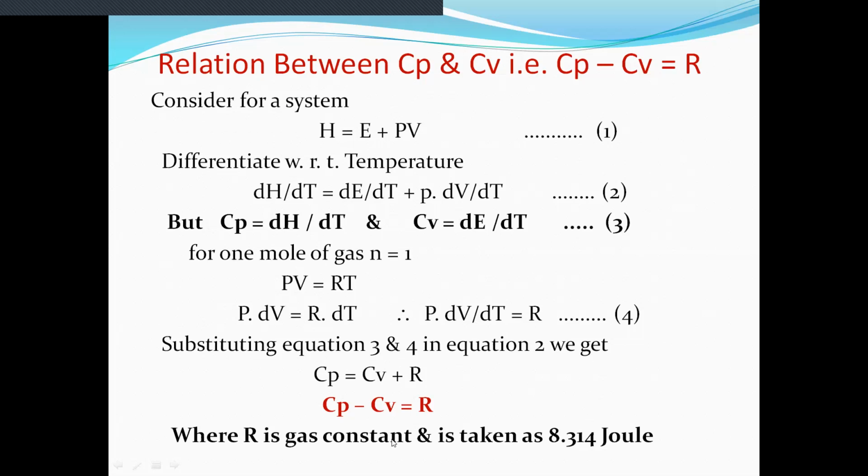Its value is R, so put plus R. So Cp is equal to Cv plus R. Take this Cv to the left hand side, so it becomes Cp minus Cv is equal to R.